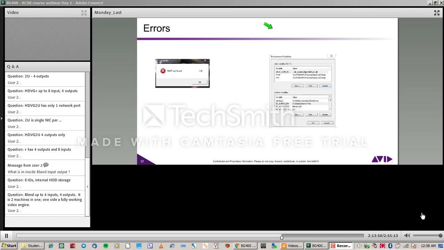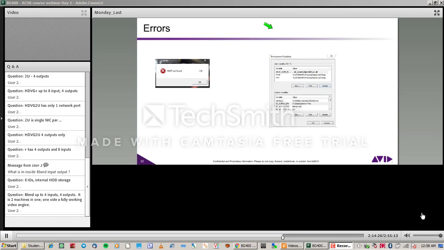So the truth is that, yes, the Blend has 2 sides. It's not 2 physically different machines. We have one motherboard, but we have render engine capability, the same as the HDVG 2U, so 4 inputs, 4 outputs. And then we have an additional DVG board, which is used just by the video engine. It's not using anything from the render engine.